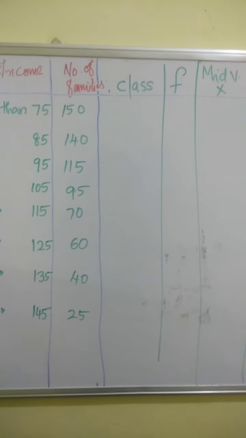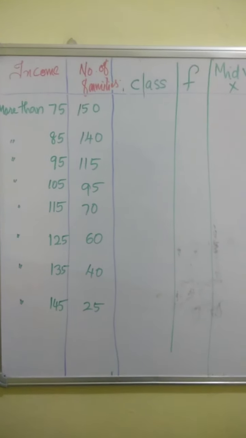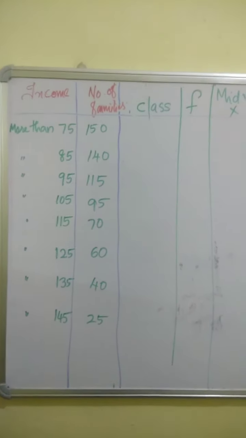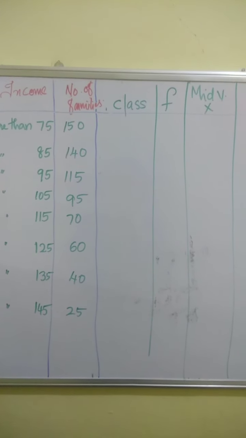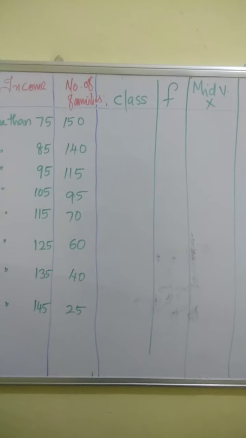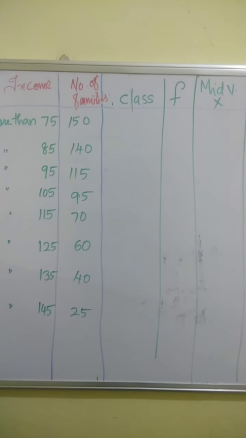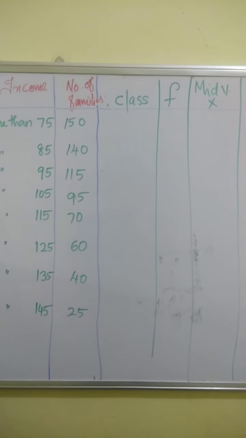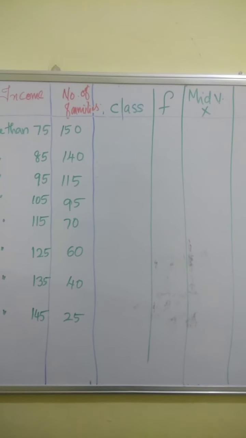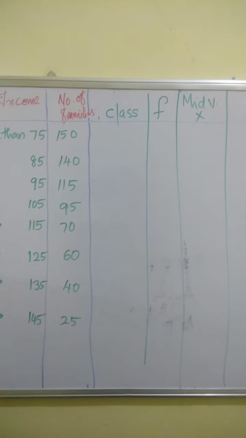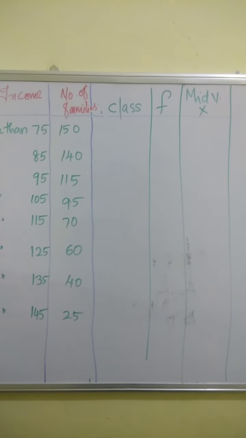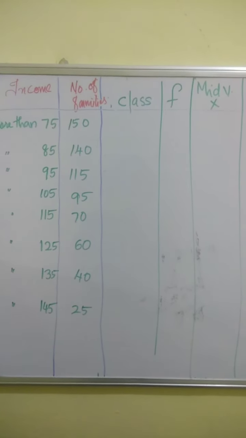I repeat, if "more than" values are given, first of all convert that into ordinary classes. Then the frequency will be cumulative frequency. That cumulative frequency must be converted into normal frequencies, and then find out the mid value. Then the same procedure as the normal question.